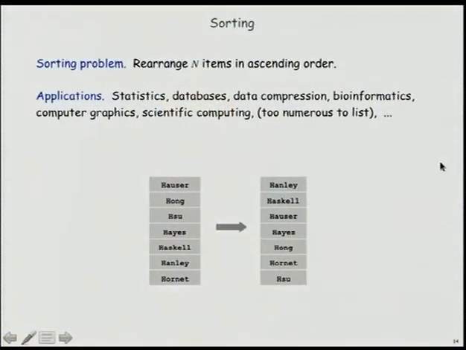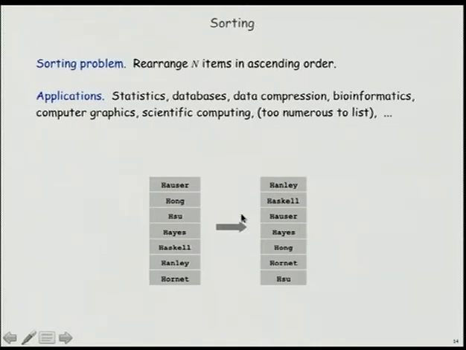So we interact with sorting algorithms literally everywhere. There are some other places where they play a role: data compression, computer graphics, scientific computing. They are really just everywhere.